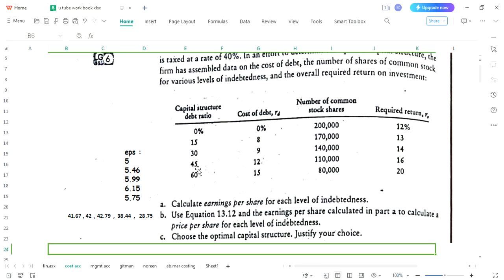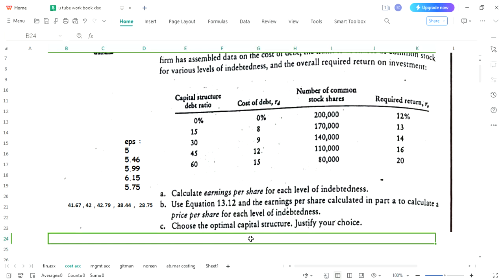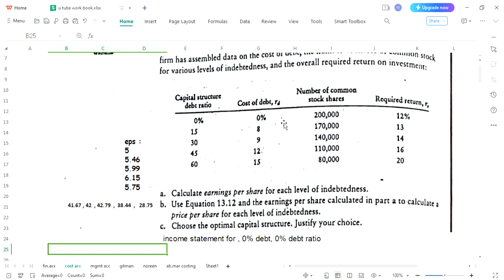Alright guys, so here you are making your income statement for 0% debt ratio. Okay, we are taking these two headings.